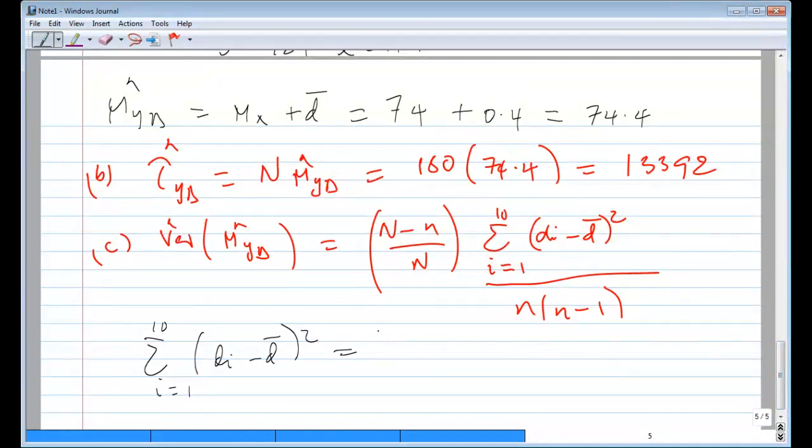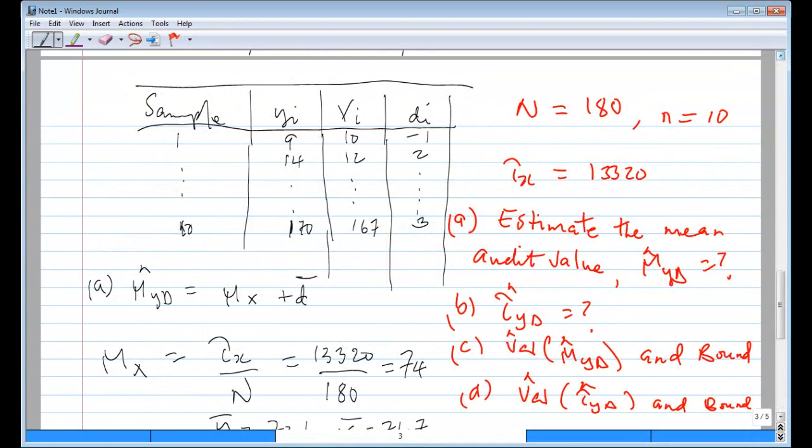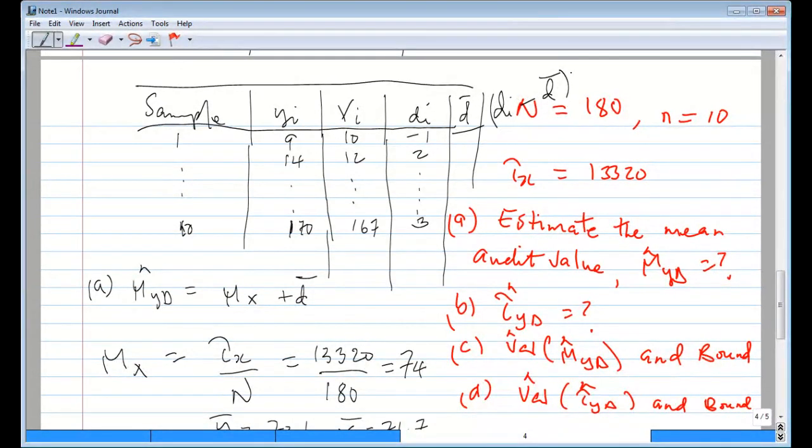So that means you come back here on that table. You're supposed to have another column of di, and you have a d bar. Then di minus d bar, then you square it, then you find it going down.